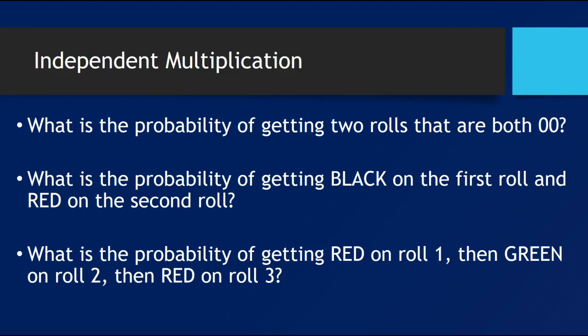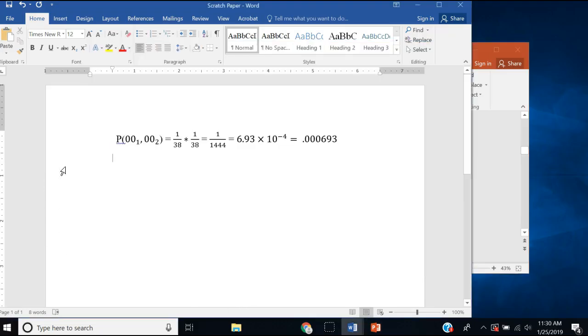All right, so hopefully you pushed pause on the video. The first question says, what's the probability of getting black on the first roll and red on the second roll? Let's go back to my scratch paper here.